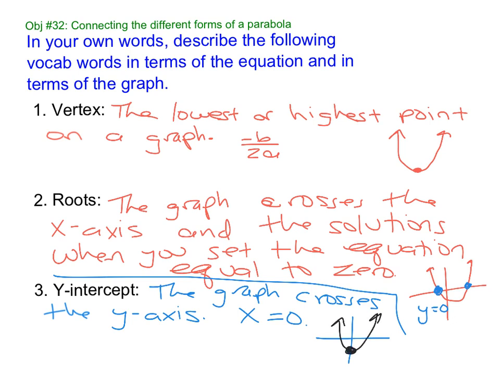This would be our y, that point. That's a bad picture. I'm going to erase that. I'd rather have it be something like that. Where is it crossing? It's crossing right there.